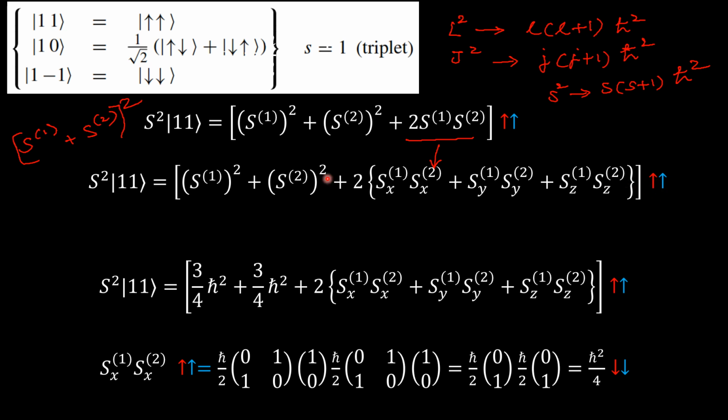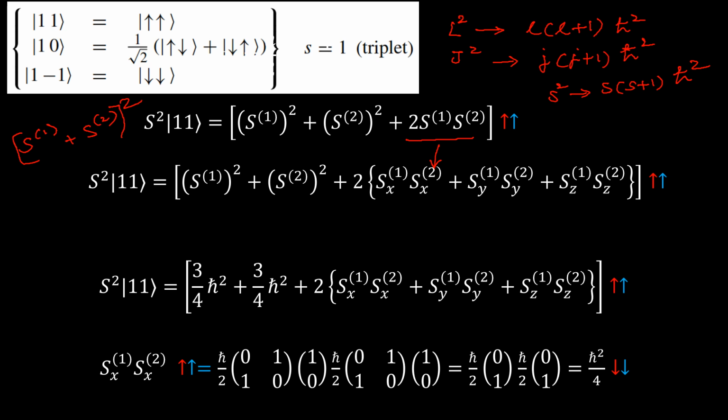Now S1 squared will not affect the state; it will give rise to the eigenvalue. What is that eigenvalue? It is s(s+1), because this will act only on the electron. The first one is the electron, so the electron spin is 1/2.